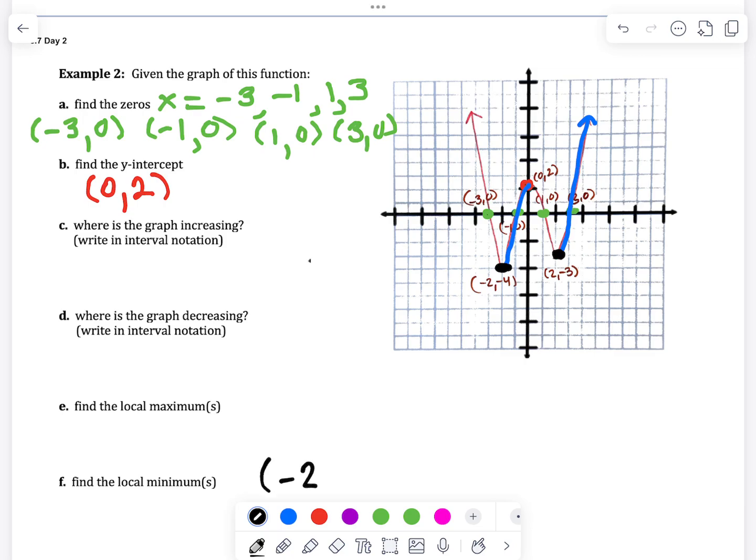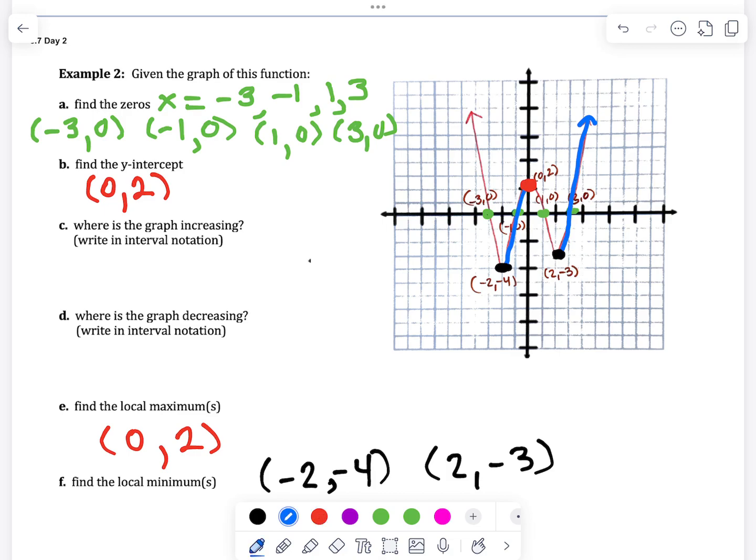So -2, -4, and 2, -3. And then this red dot right there is our local max. So those are our turning points. So we have 3 turning points.